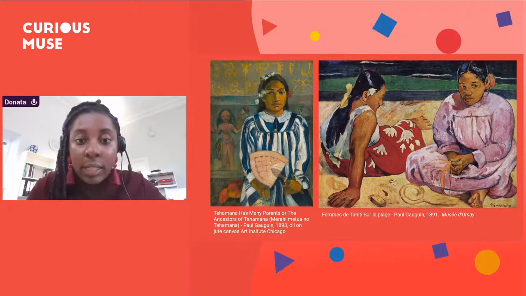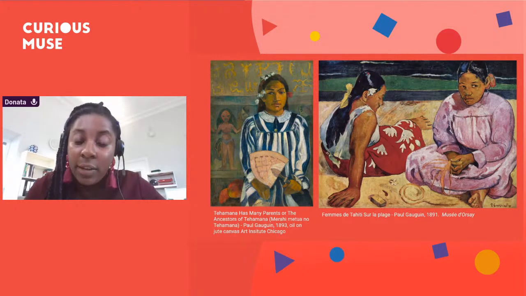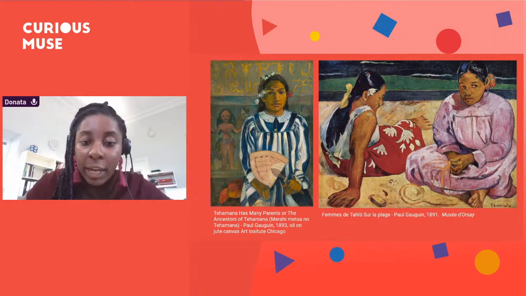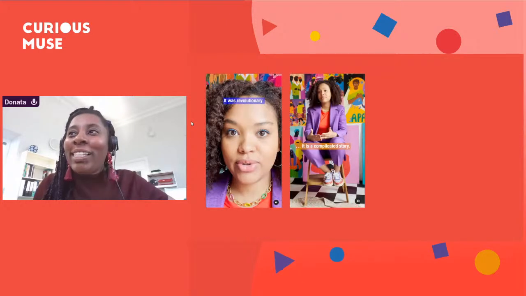Black features and Oceanian features are not captured in the way that they deserve to be captured by Western artists, I'll say, or artists not from those backgrounds. So there's a complex kind of balance going on there.